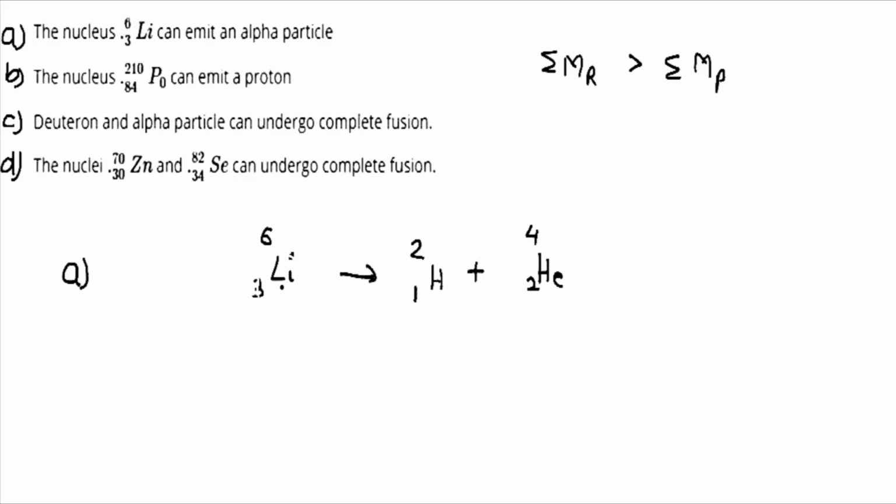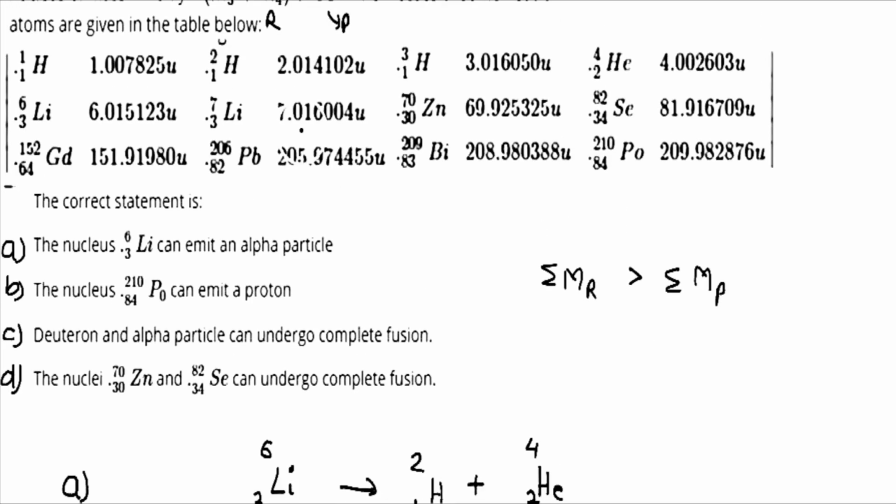Now, if we take the mass of the lithium and subtract the masses of the helium and the deuterium, then we can get the value. So delta M would be equal to, for our lithium, the value has been given, and the value of helium is also given.